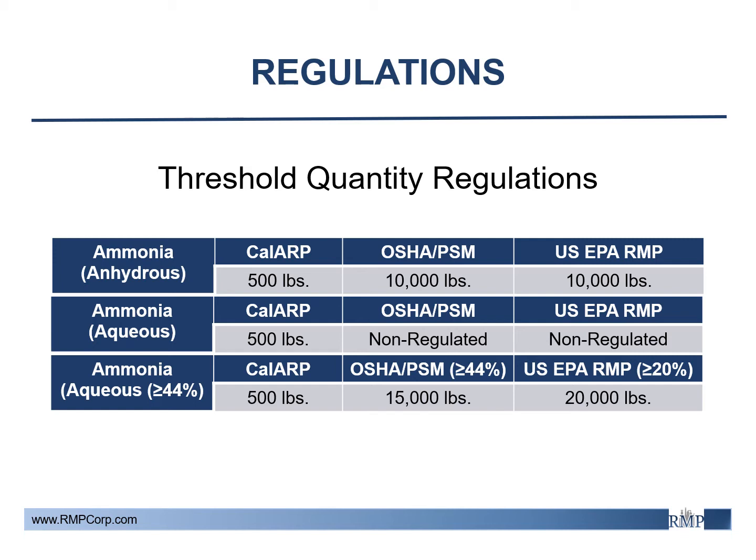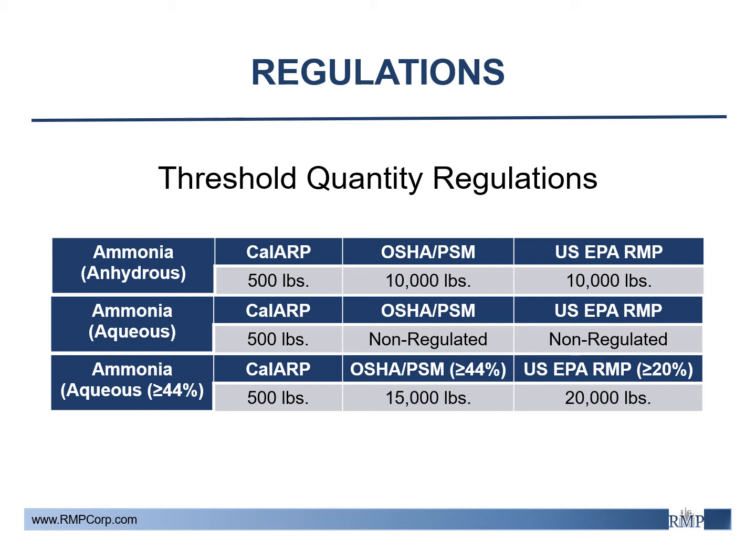However, OSHA PSM and the US EPA RMP have specific thresholds above 20% that are regulated. So in the next row, you'll see for CalARP, it remains the same, that any percentage of aqueous ammonia is regulated above 500 pounds.